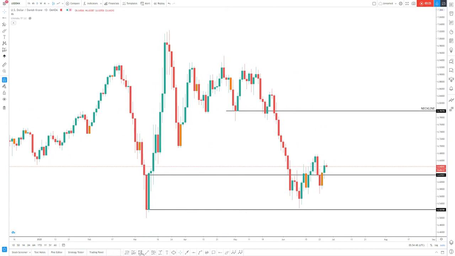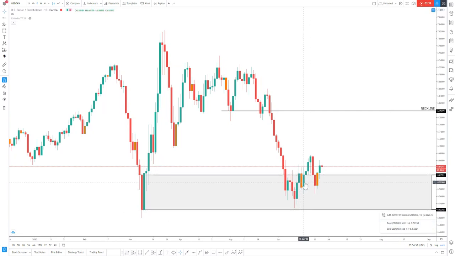Okay, my box tool, and yes, this is a zone, and we can see in this zone we had an inside bar candlestick pattern here, which is actually a bullish sentiment that there is a huge tendency that price will take out this value high.